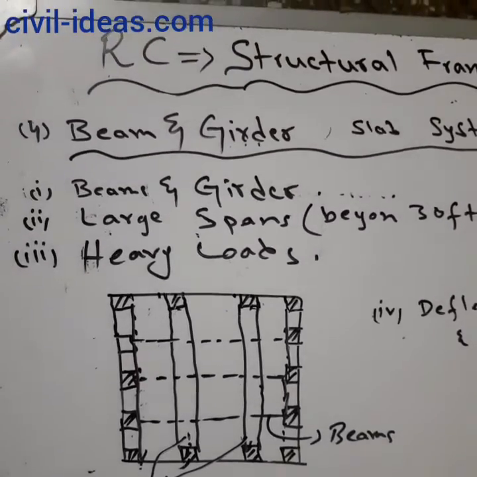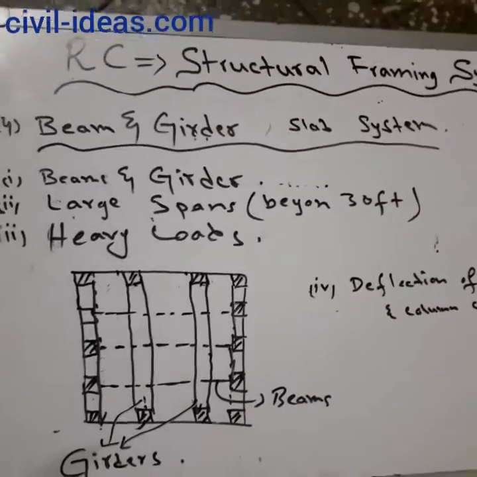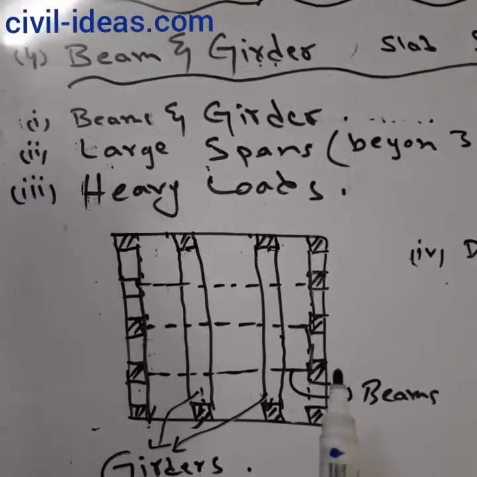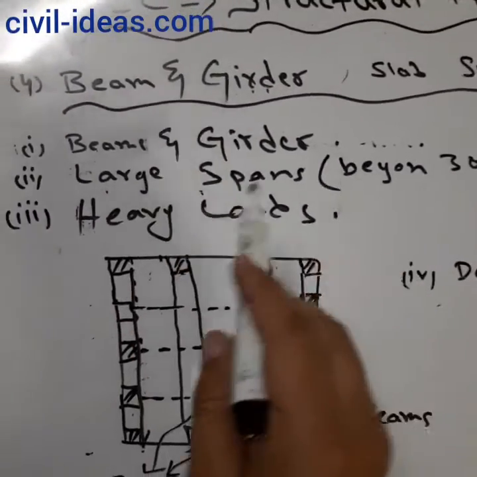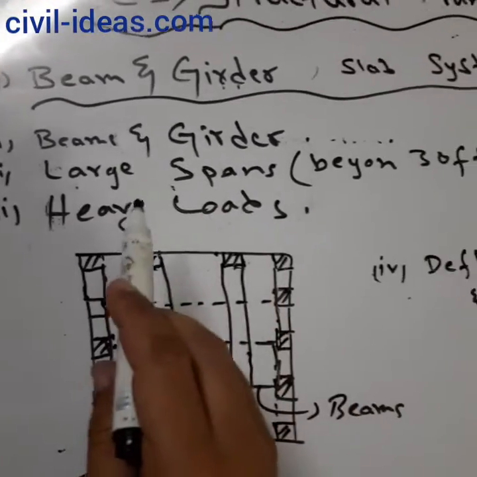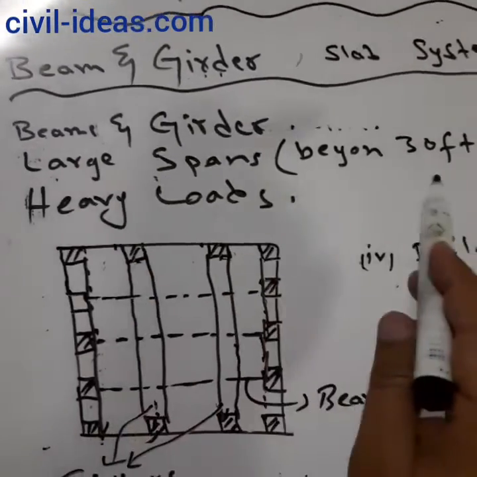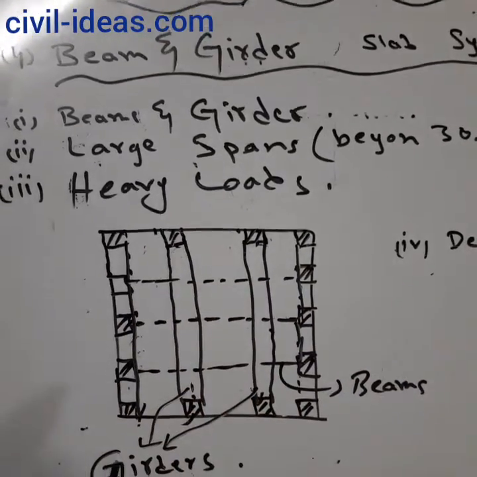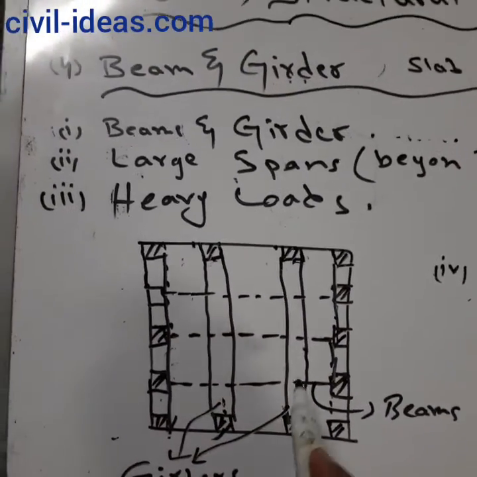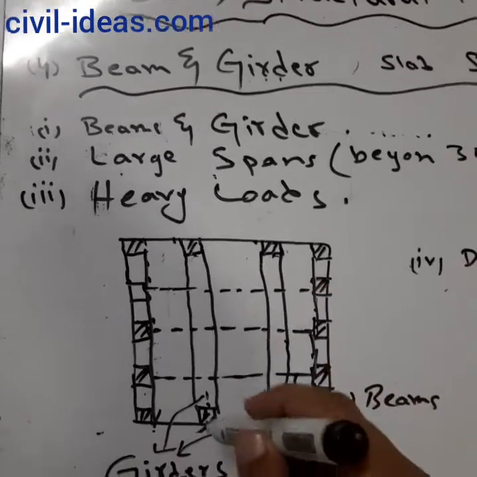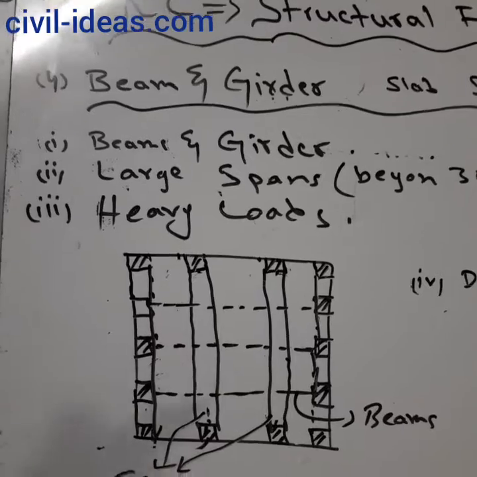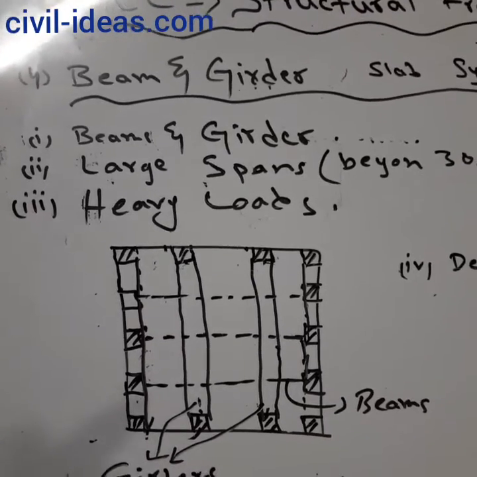The fourth type of structural framing system is the beams and girder slab system, and in that type of system beams and girders are provided. It is normally for spans beyond 30 feet, and it is designed for heavy loads. In this type of system girders are provided along the length or in any direction, and then beams are placed on those girders, closely spaced.